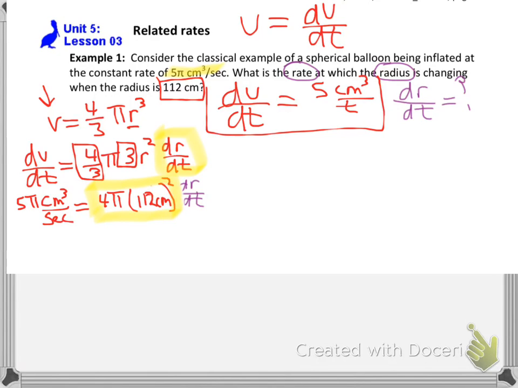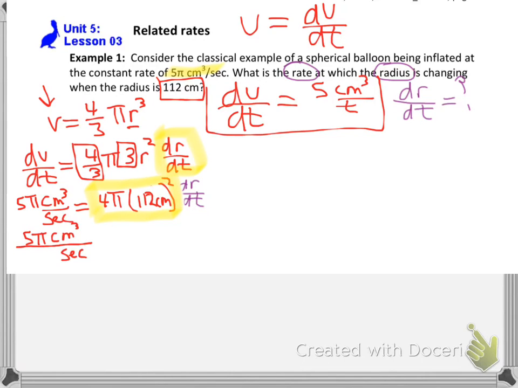So doing that, we'll have 5 pi centimeters cubed per second. So the second's going to be in the denominator. This might get a little messy, but I think it's worth doing at least once.